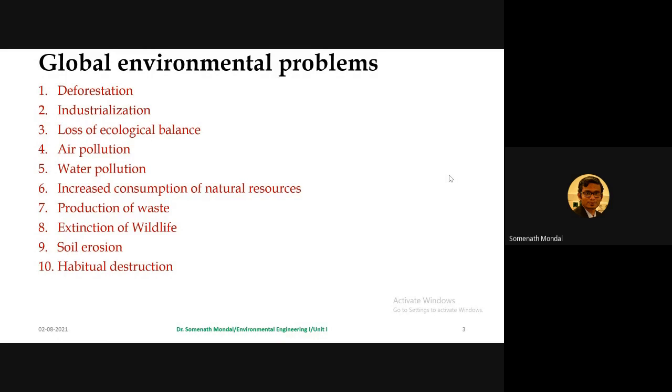Without thinking much, we just built our industries and plants everywhere. And in a few places, industrialization has actually caused deforestation also.